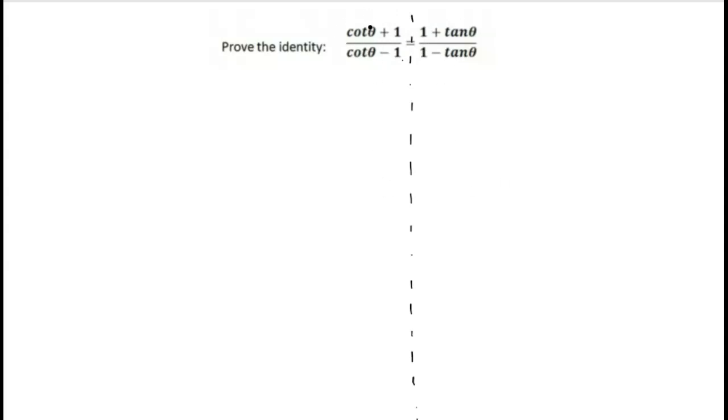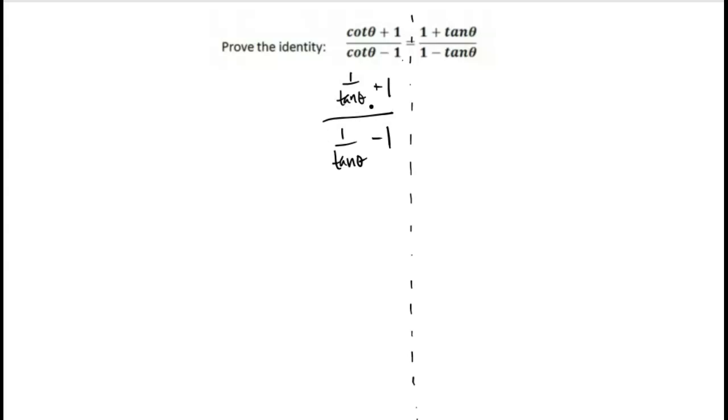So what I'm going to do, I'm going to work from the left side and think of something cotangent is equal to, it's equal to 1 over tangent. So I'm going to replace both of the cotangents with 1 over tangent. From there, I want to go ahead and get a single fraction on the top and a single fraction on the bottom.